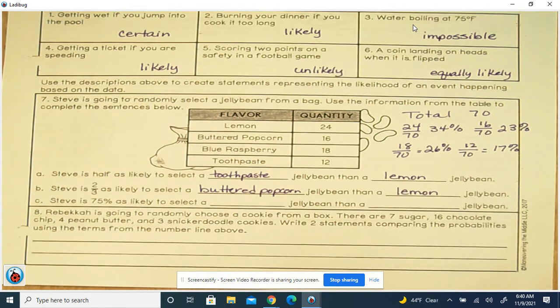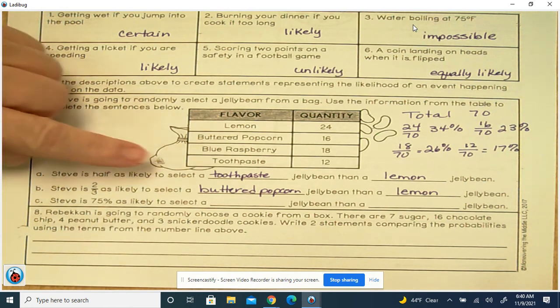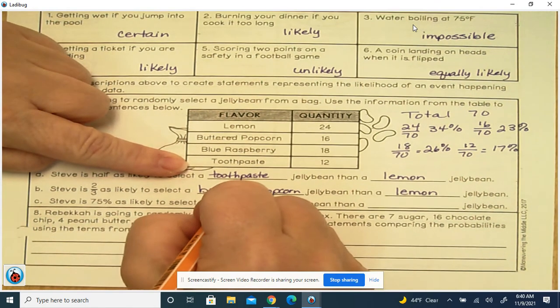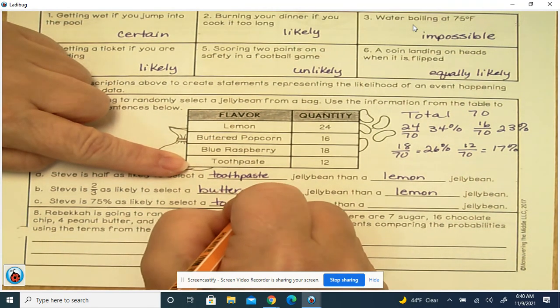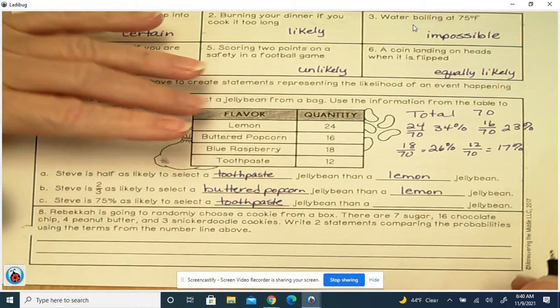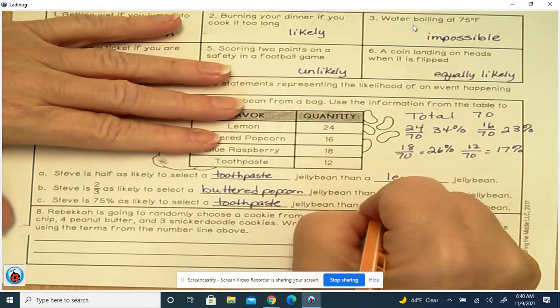Steve is 75% as likely to select a toothpaste jelly bean than a buttered popcorn jelly bean.